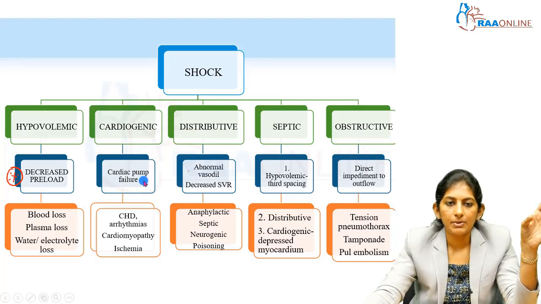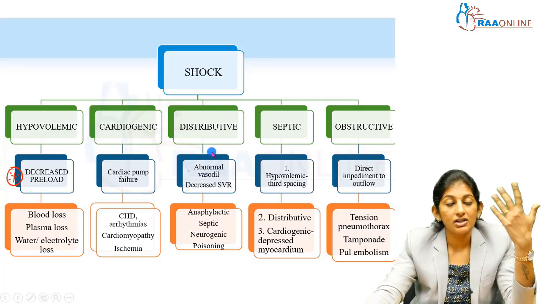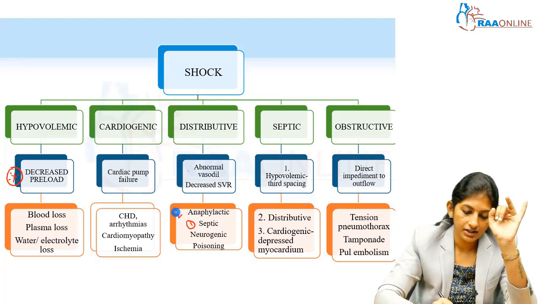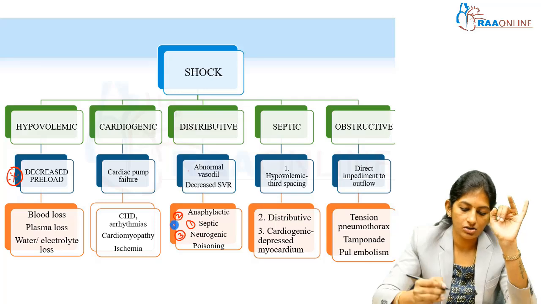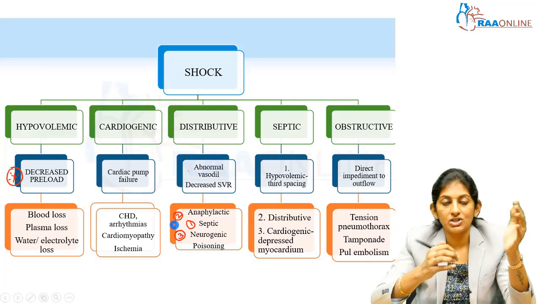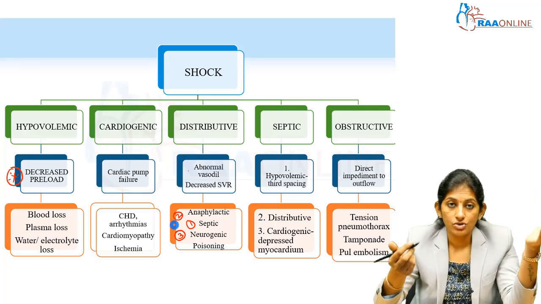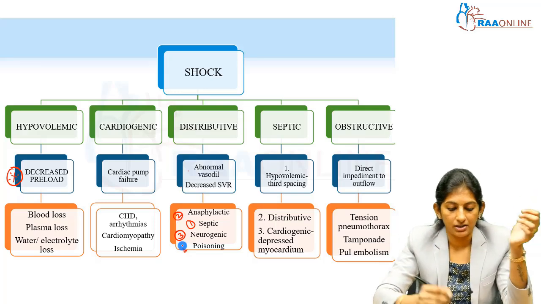So, this is the pathophysiology in distributive shock. Where can distributive shock be seen? One is septic shock, two is anaphylactic shock, three is neurogenic shock, especially after a spinal cord surgery or a spinal cord injury, or in cases of poisoning.